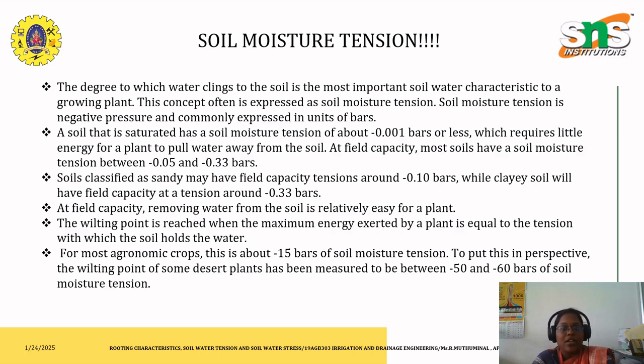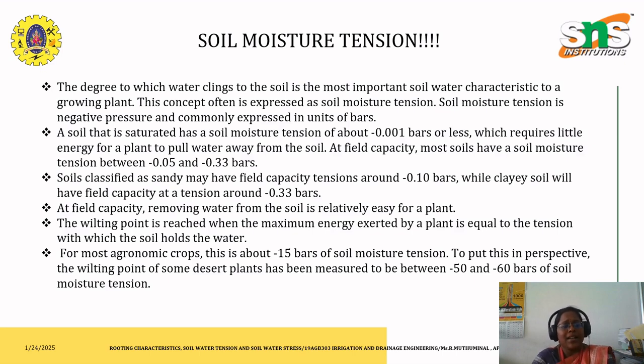At field capacity, most soils have a soil moisture tension between minus 0.05 and minus 0.33 bars. A sandy soil may have field capacity tension around minus 0.10, and a clayey soil will have around minus 0.33 bars.